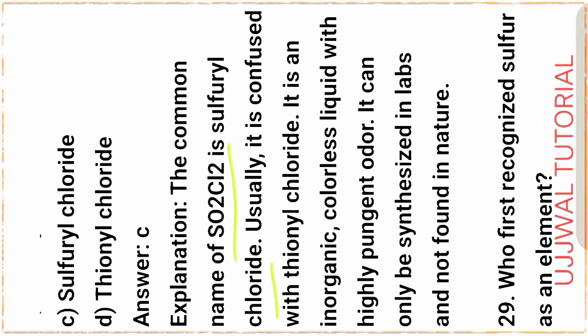Usually it is confused with thionyl chloride. It is an inorganic, colorless liquid with a highly pungent odor. It can only be synthesized in the lab and is not found in nature.